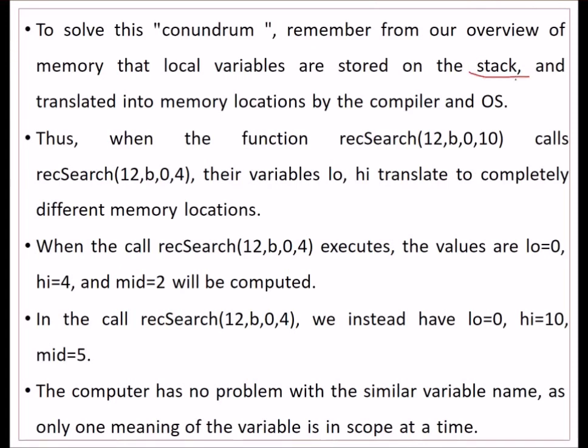This will be stored on the stack and translated into memory locations by your compiler and OS. So this is just an example to show how we can get binary search completed.